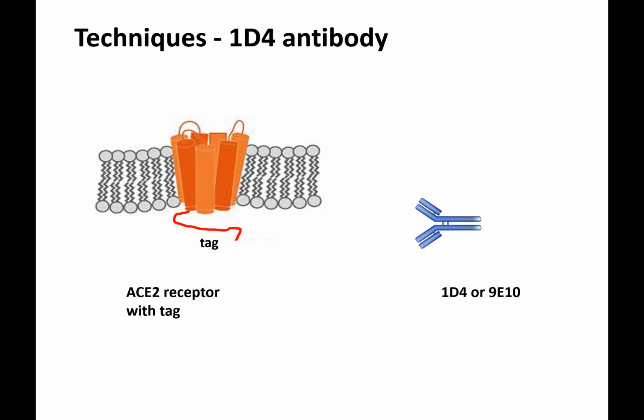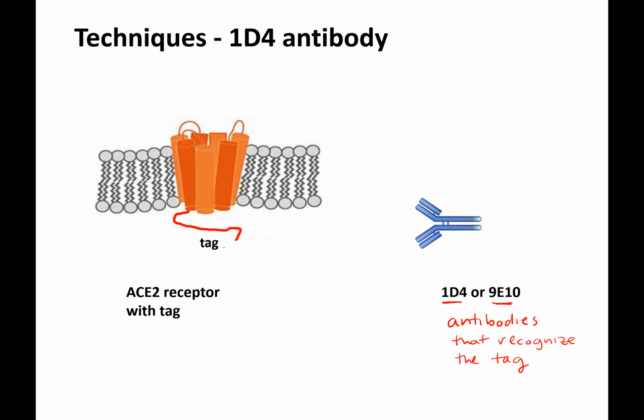They also put tags on the ACE2 receptor. So receptor is a transmembrane protein. They put different tags and they have these different antibodies, 1D4 or 9E10, that recognize the tag.